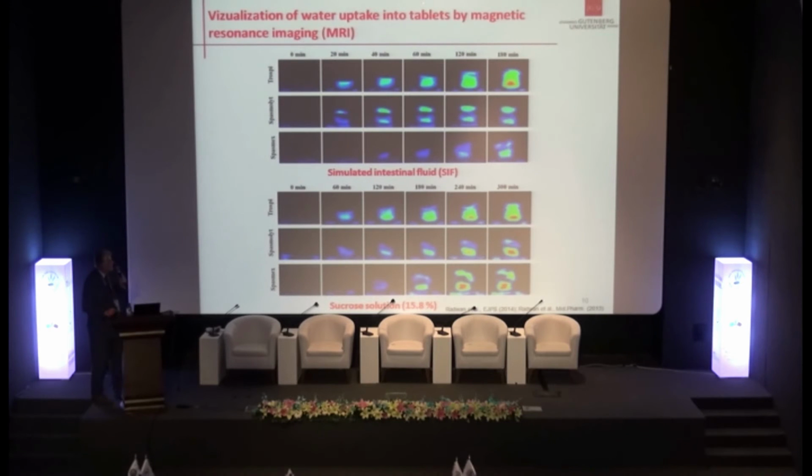Here's a visualization of that. It's an MRI of trospium chloride tablets, Spasmodex. This is studied in simulated intestinal fluid, and here we have a sucrose solution, 15.8%, so quite a high sucrose solution. You see the time going from left to right: this is 180 minutes, and here we have 360 minutes.